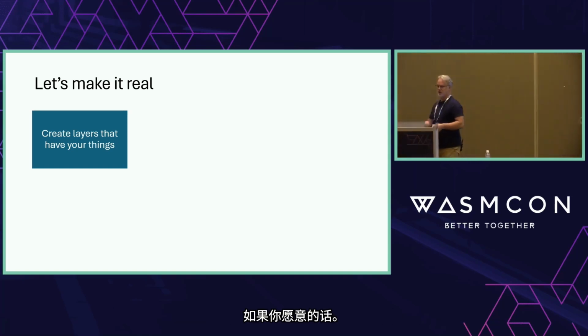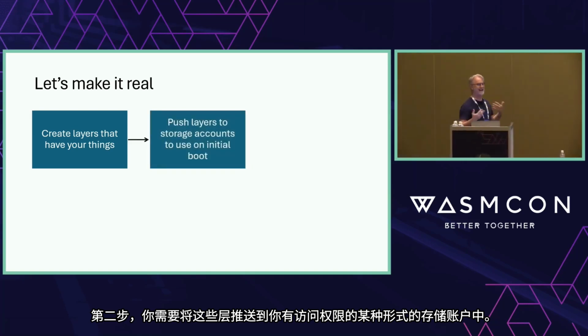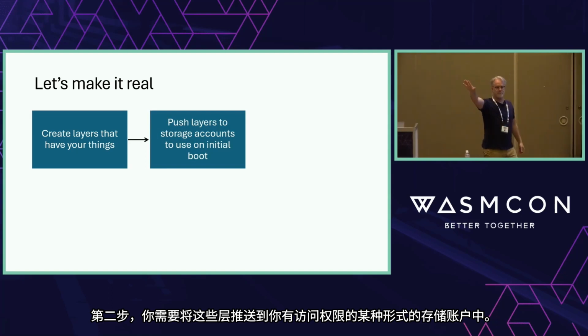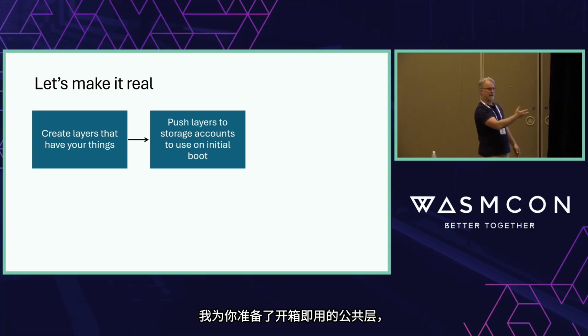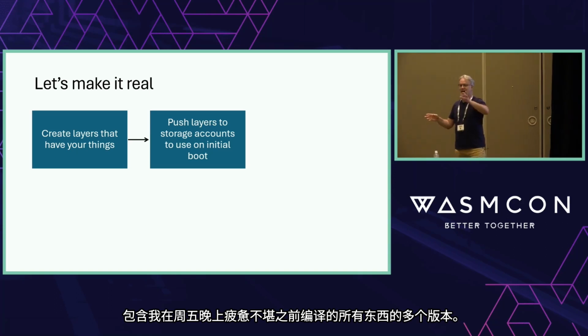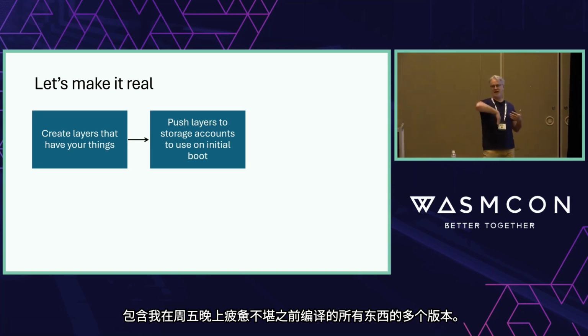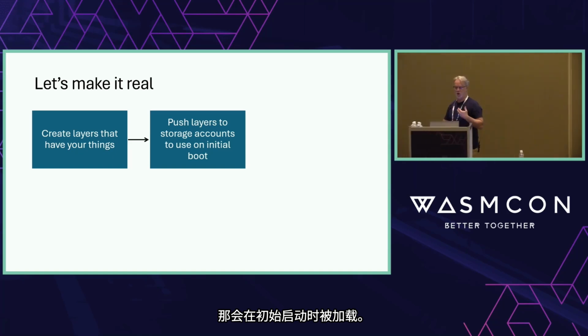So the second step is you're going to take those layers and push them into some storage account of some form that you have access to. That could be public. In the case of this demo and repo here, I've got public layers for you to consume right out of the box, with multiple versions of as many things as I could compile before I fell over from exhaustion on Friday night. So that gets pulled in on initial boot.